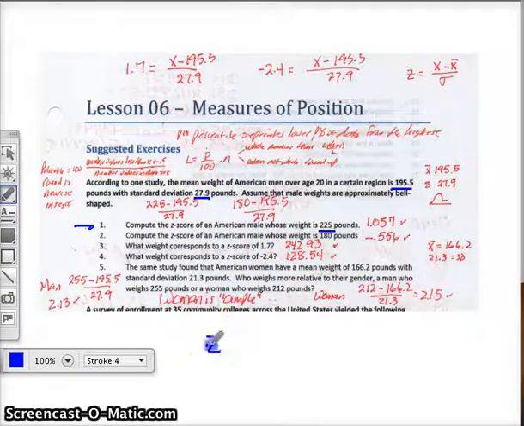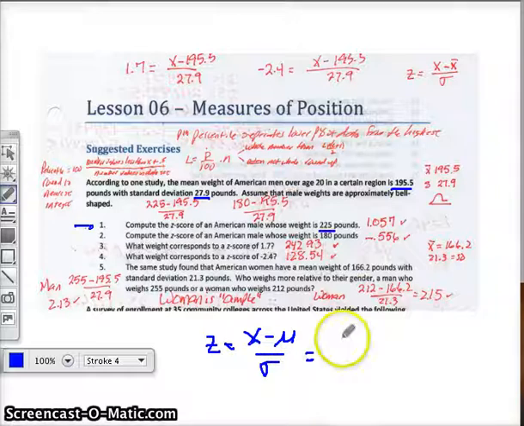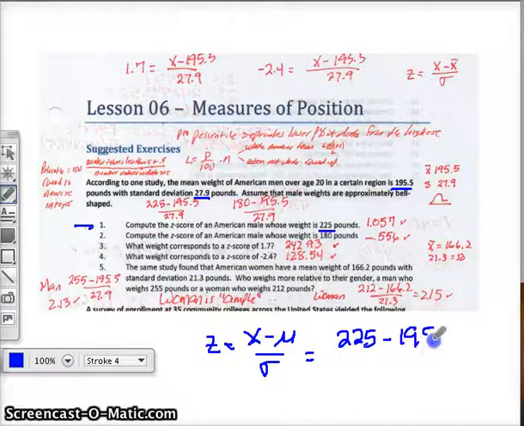So remember, the z-score is equal to the data value minus the mean over the standard deviation. So in this case, the z-score for 225 pounds is going to be this number, 1.057. I have that right here, 1.057.